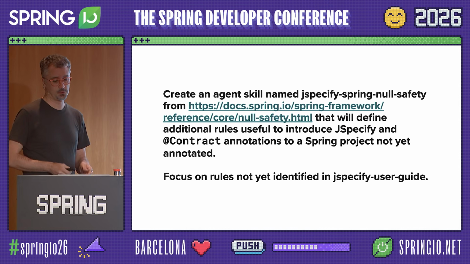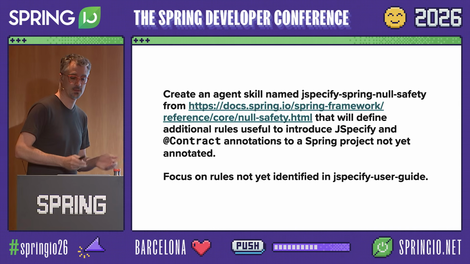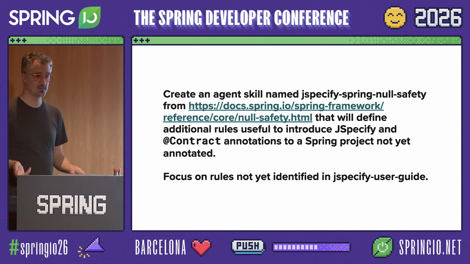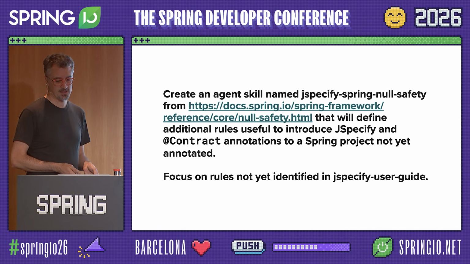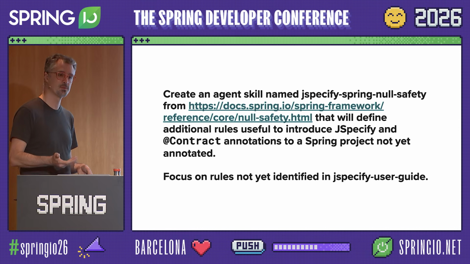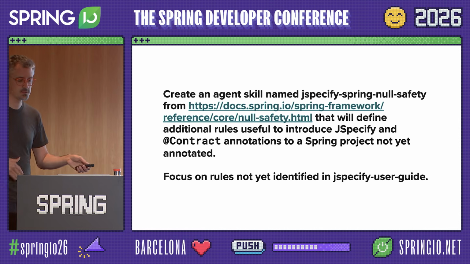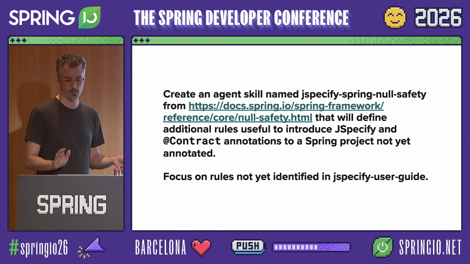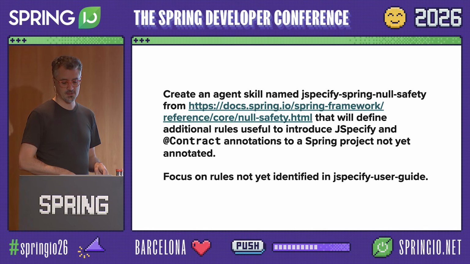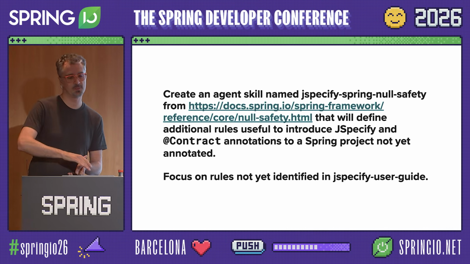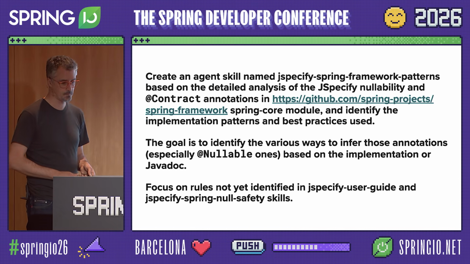Second one, do the same thing basically, but with the Spring Framework null-safety documentation that I have carefully crafted, and that provides additional rules. Some of them are specific to the Spring project, but it's pretty complementary, and since we want to be mindful of our context, focus on the rules not yet identified in the JSpecify user guide, so that it should be a superset, okay?